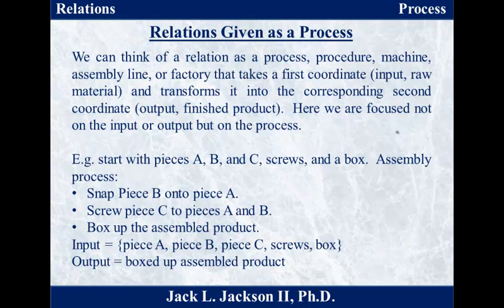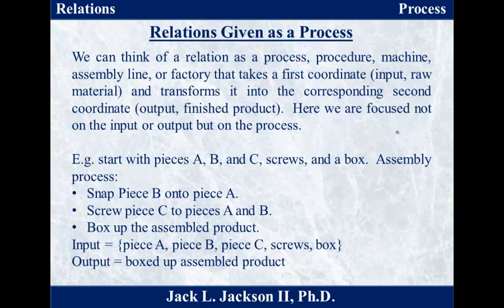For example, we could take a manufacturing process. Our input is we start with pieces A, B, and C, some screws, and a box. And then the assembly process is the relation. The assembly process goes like this. Snap piece B onto piece A, screw piece C to the assembled pieces A and B, and then finally box up the assembled product. So the input is this set of pieces A, B, C, screws and the box, and the output is the boxed up assembled product.